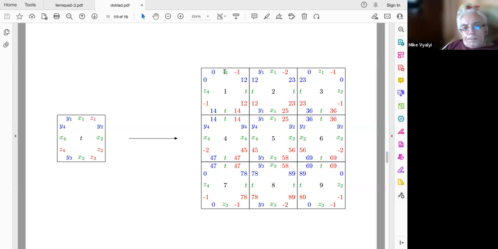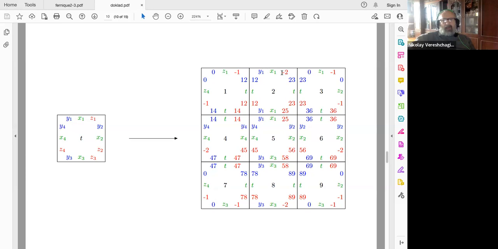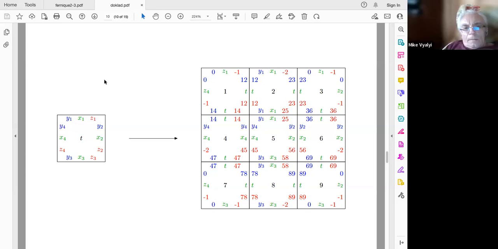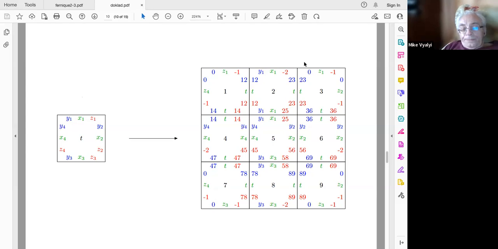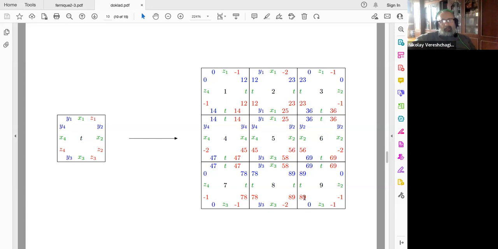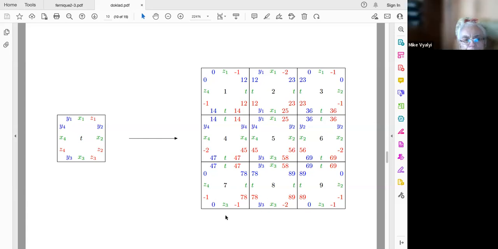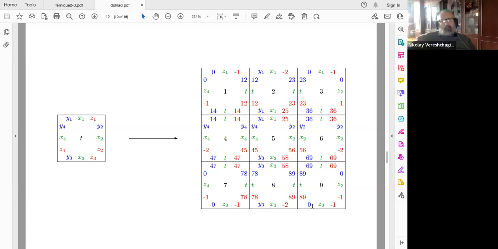Yes. We just copy Z1, Y1, X1. And that means that if we have matched colors, then we again have matched colors, right? But we need the same property for the bottom side. Right. So look at the bottom side. Yeah. We have exactly the same substitution of colors on the bottom.